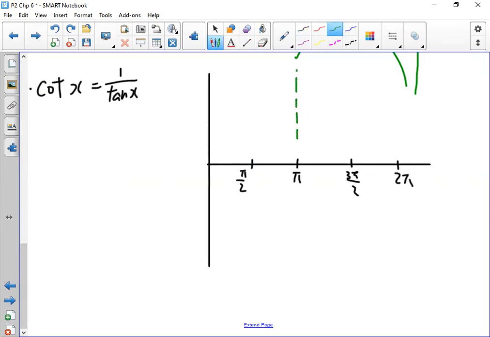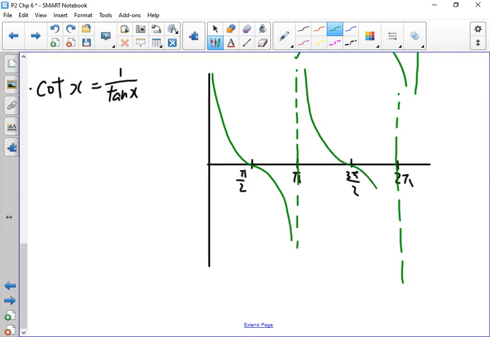The asymptotes are going to be on pi and 2 pi. And the graph looks like this. So that's the graph of cot x, like a waterfall falling from 0 to pi and from pi to 2 pi.